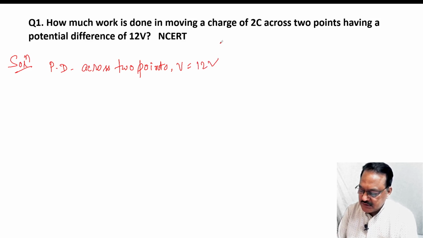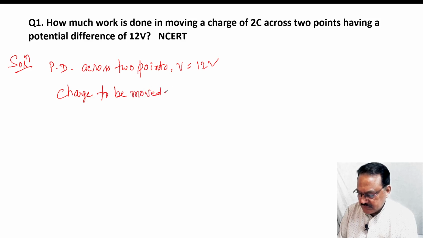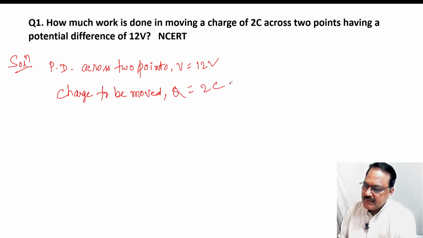Next, the charge to be moved in a circuit. Charge is denoted by Q. Q is given as 2 coulomb. And we have to find out the work done.